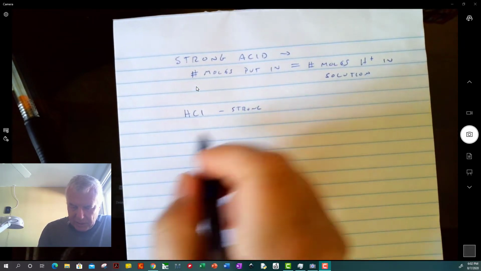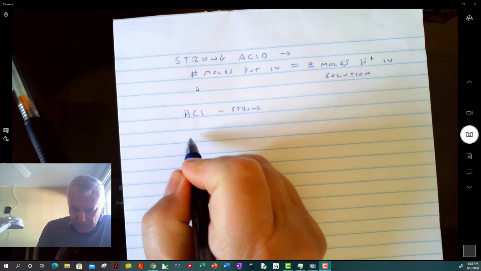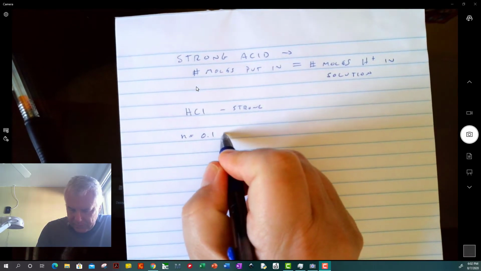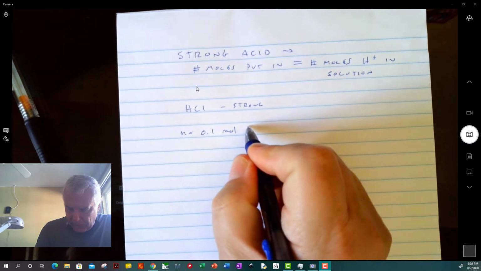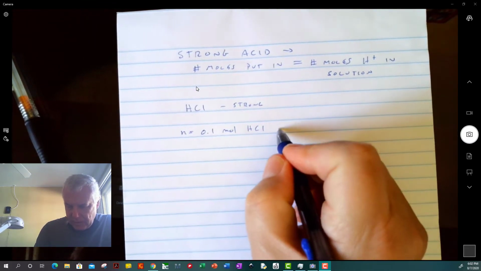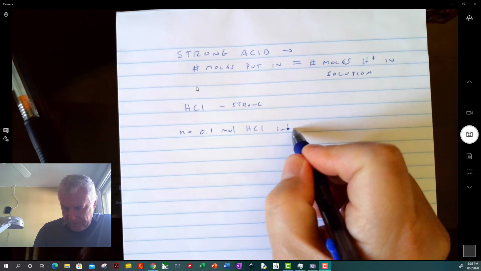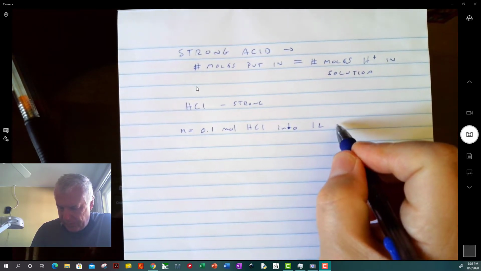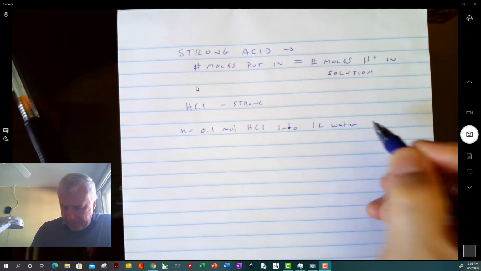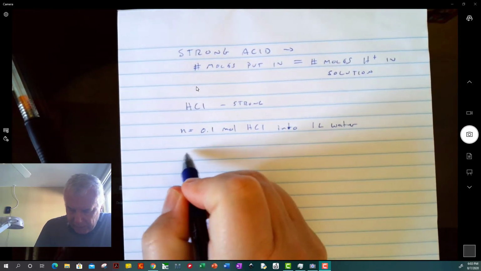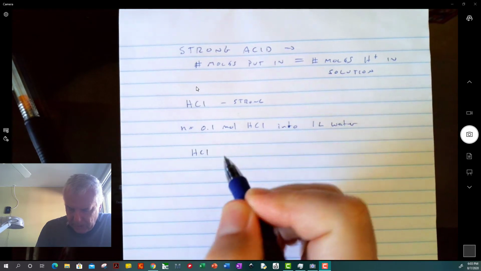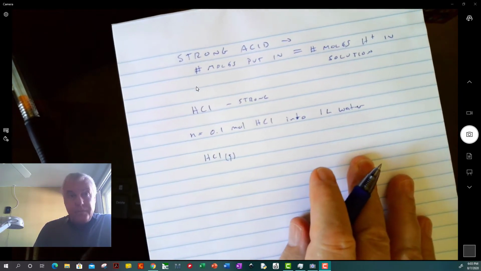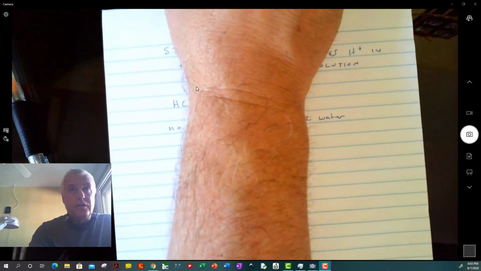And it's strong because if you put, let's say, n equals 0.1 moles of HCl into 1 liter of water, then you would have HCl. It's actually a gas, the way that it starts, right?